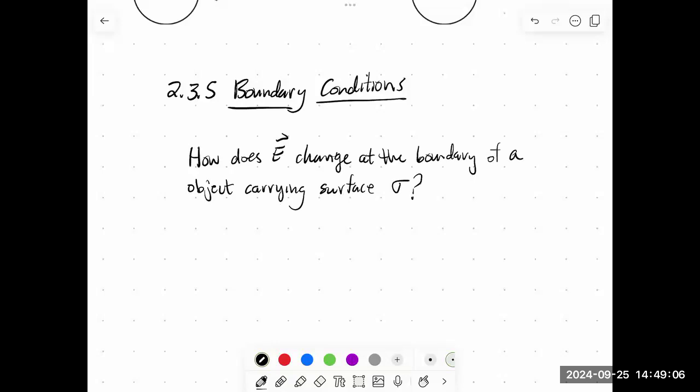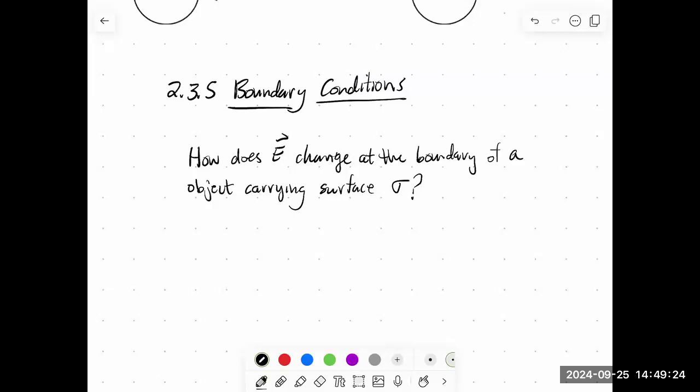Imagine a uniformly charged, maybe for simplicity, a spherical shell. So it's a thin spherical shell, and we put charge on the surface, so it has charge density sigma.